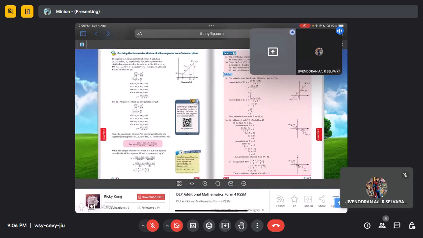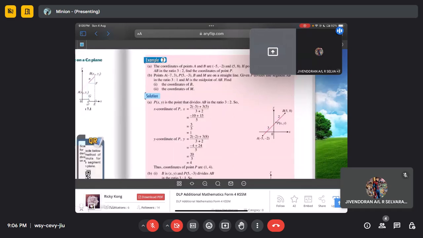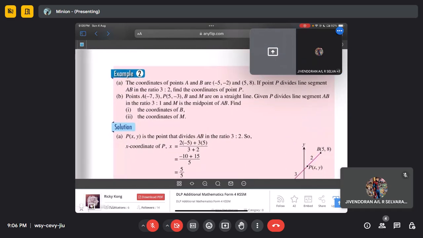Since I've explained the proving for this, let's go into example 2. In example 2, the coordinates of points A and B are (-5, -2) and (5, 8).